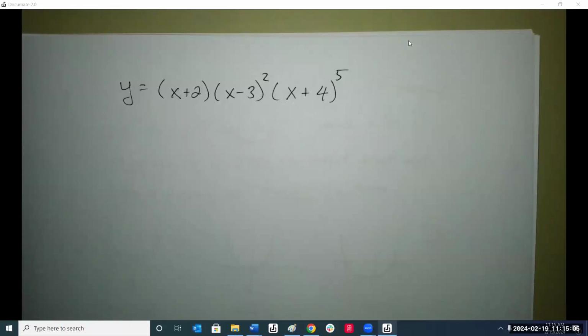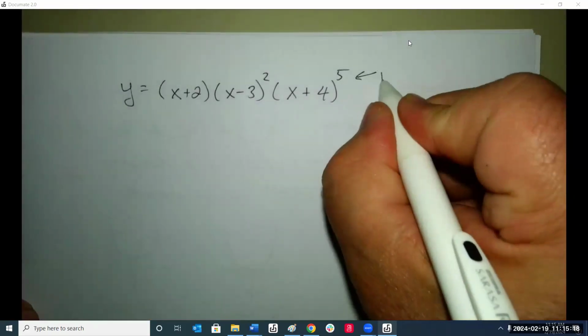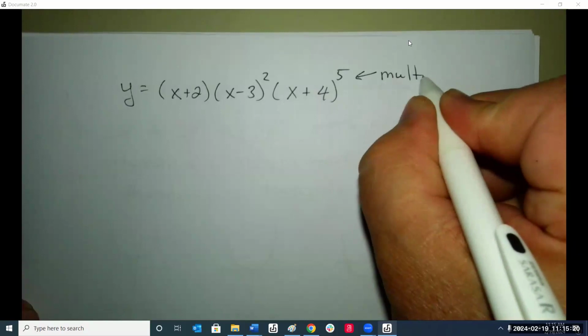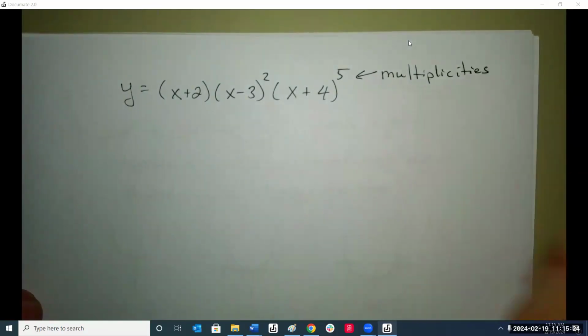If you have a final factored form like this of your polynomial, these exponents are called multiplicities.